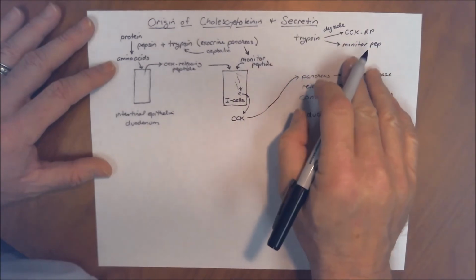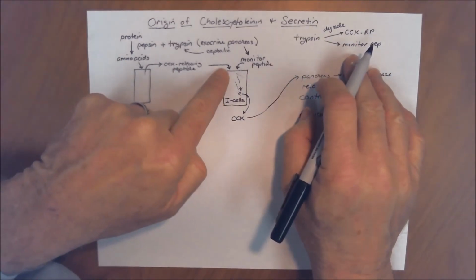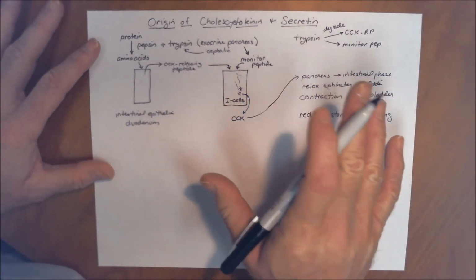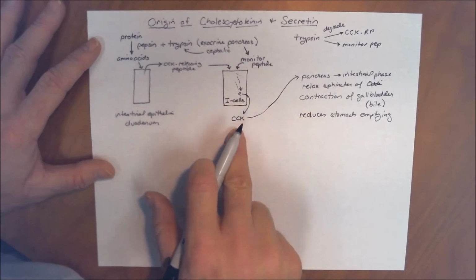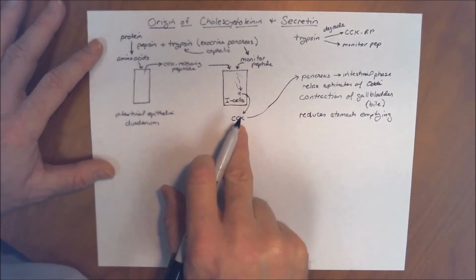When trypsin degrades these, the signal goes away. So what prevents the trypsin from prematurely degrading this before it has an effect to get the CCK out?